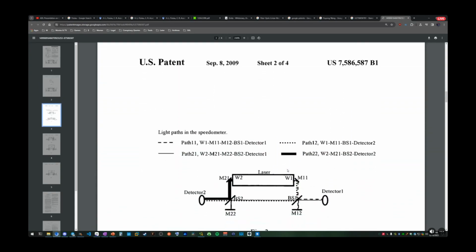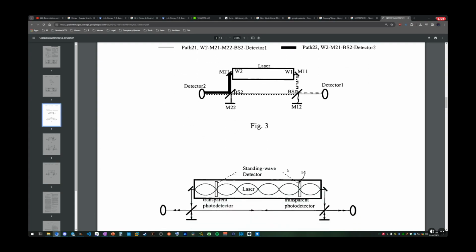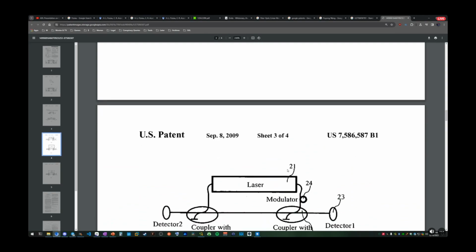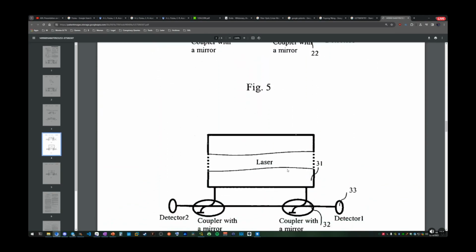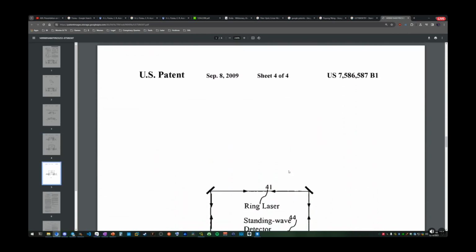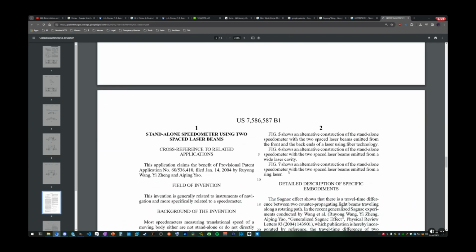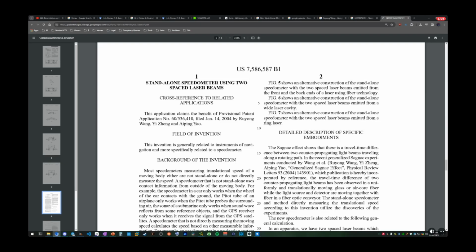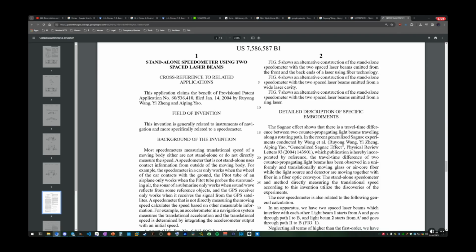Wow. He got it patented. Standalone speedometer using two spaced laser beams. Dude, that's so insane.